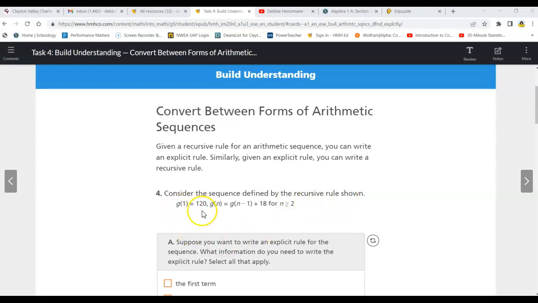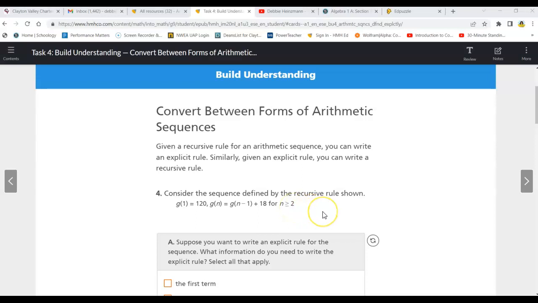So here we have a recursively written sequence. G of 1 equals 120, so the first term is 120, and the common difference is 18 for n greater than or equal to 2.